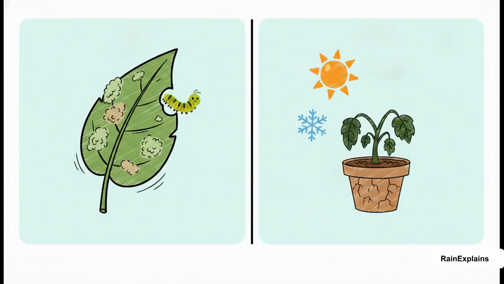Think drought, poor drainage, bad soil pH, a late frost, or even chemical injury from herbicides. In fact, experts advise that before you ever assume a disease is a contagious, living infection, you've got to rule out those abiotic causes first. They are incredibly common, usually much easier to correct, and hey, they don't require chemical pesticides to fix.